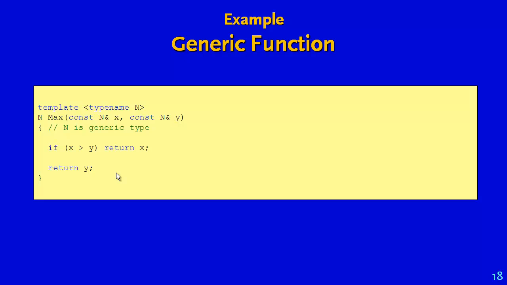It's assuming, this is the contract, that x and y can be compared. In other words, the type N has an operator greater than defined. If you call this function with your own types which do not have the operator greater than, it will return an error message, a compile time error.